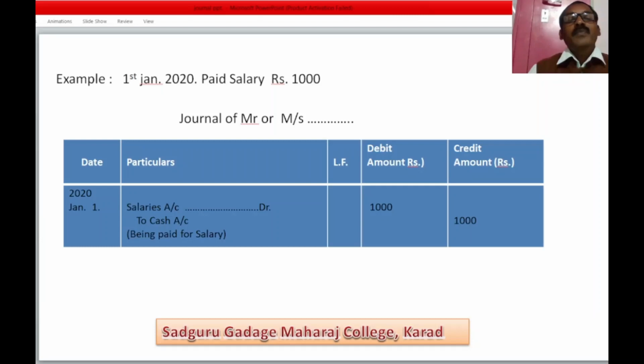In particulars, the debit account is written first and then the credit account. So salary account debit to cash account. The narration of the transaction is 'being paid salary'. The salary amount is recorded in the debit column and the cash amount in the credit column.